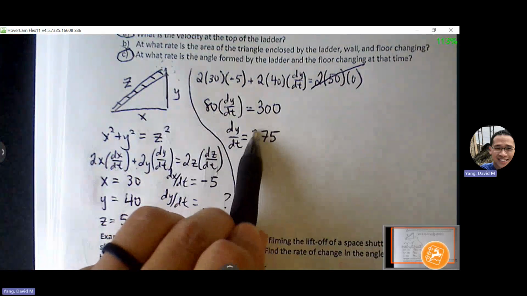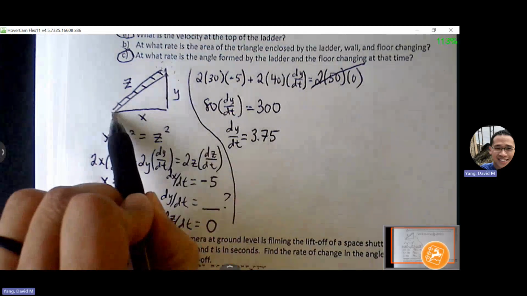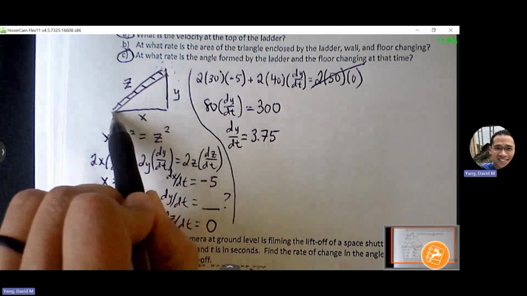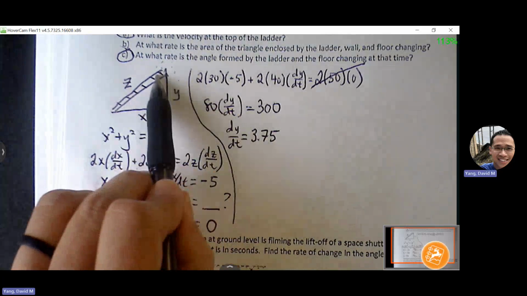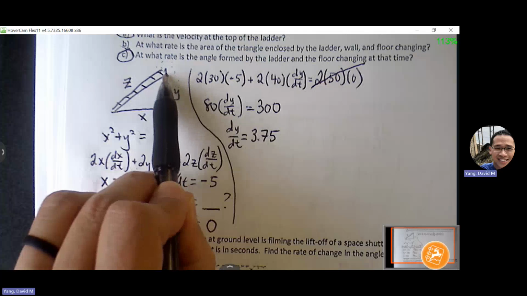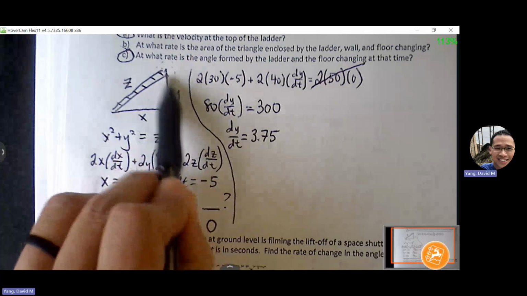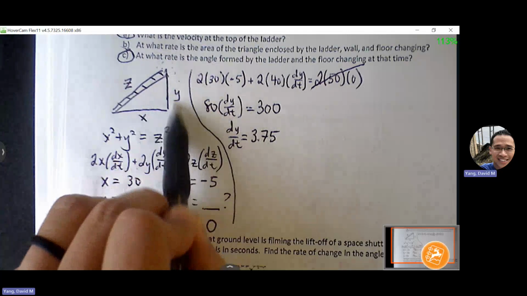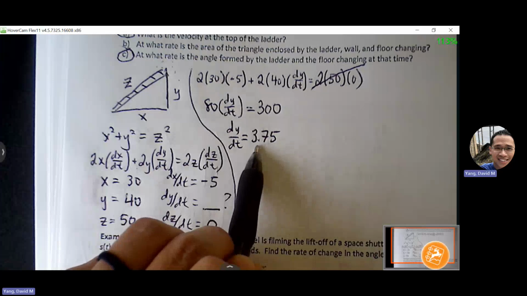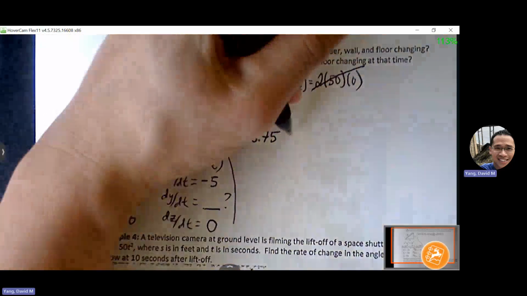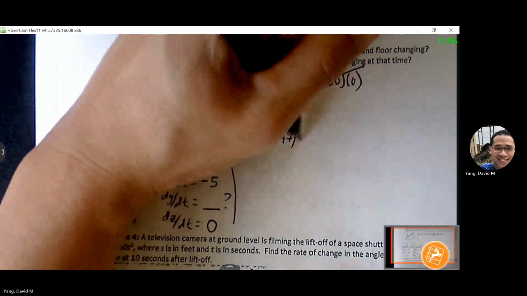Right. This positive value should make sense because as the bottom of the ladder is getting pushed against the wall, the top of the ladder is rising, so that's going to cause y to increase. So that positive value does make sense, right? What's our unit of measure here? dy/dt, feet per second.